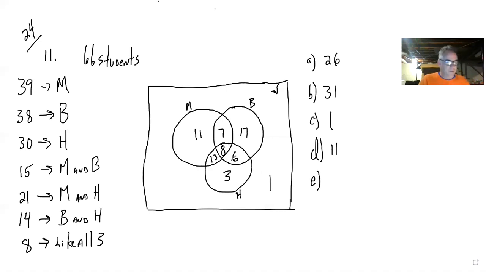Add all those up and set H: 13 plus 8 plus 6 plus 3. All right, so there's 30 students that like Haydn. Now, and exactly 1 of the other 2.